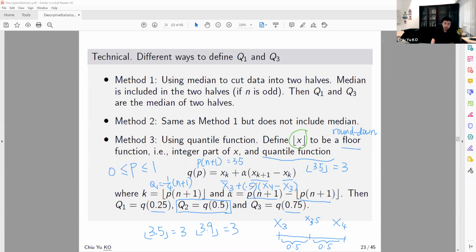So you cancel this out and rewrite it: we get 1 minus alpha times xk plus alpha times xk plus 1. This is exactly the same formula we learned. If you have xk plus 1, and you try to divide it into alpha and 1 minus alpha, you just do the cross multiply, that's what you learn in high school.